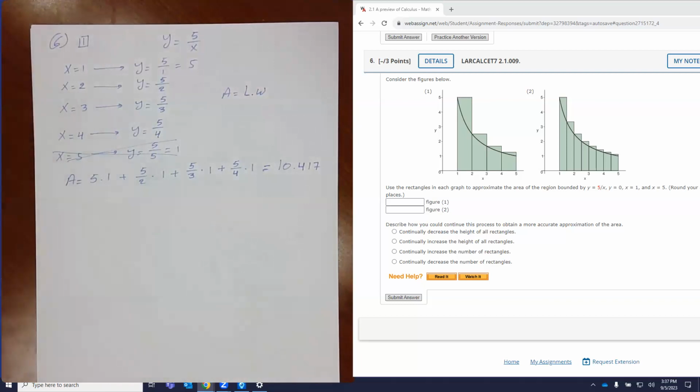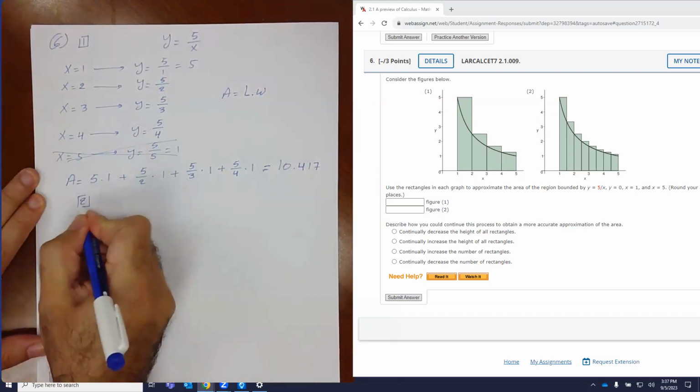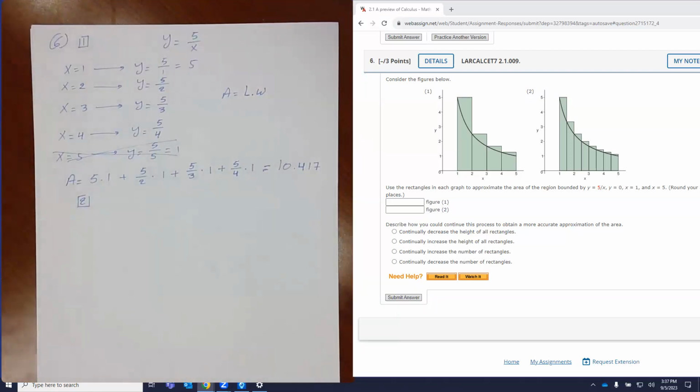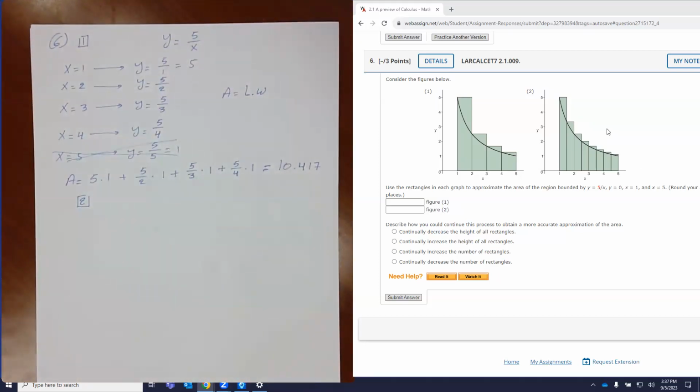Now we're going to do the same steps for the second graph. For the second graph, that's the difference. We're going to use the same formula, y equals 5 over x, but the difference is, how many triangles do we have? 1, 2, 3, 4, 5, 6, 7, 8. We have 8 triangles.